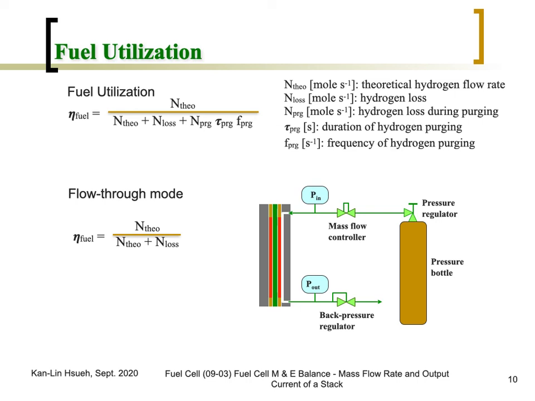But for a big, kilowatt fuel cell, usually the circulation mode is adopted, because with a circulation pump or compressor, hydrogen circulates inside the fuel stack, which increases the fuel cell operation efficiency without discharging too much hydrogen into the atmosphere.